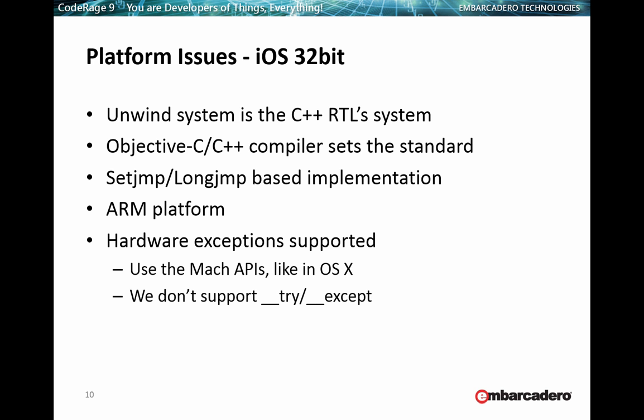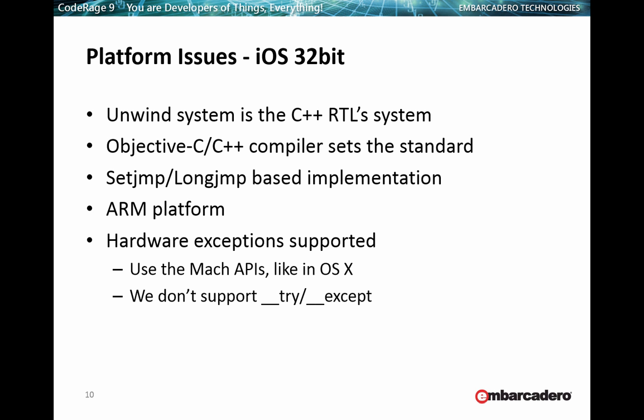Hardware exceptions are supported there. Again, we use the Mach APIs for hooking hardware exceptions. I guess I should have included a link to that in the slides here. I have a long blog post on that from way back when, on what the Mach APIs are like.